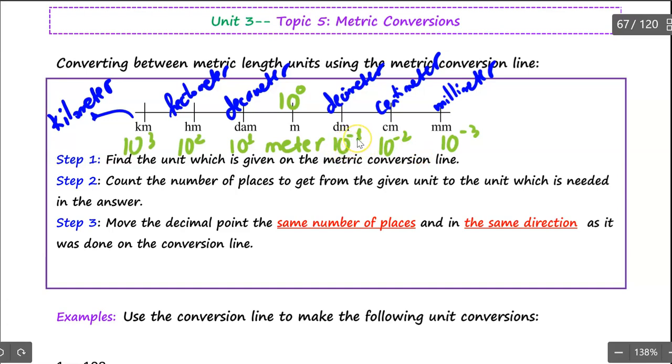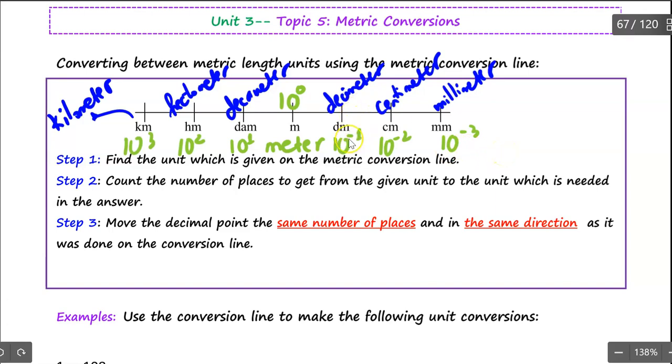And 10 to the exponent negative 1, you know that is 0.1. 10 to the exponent negative 2 will be 0.01. 10 to the exponent minus 3 will be 0.001.